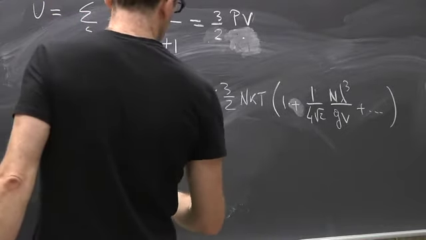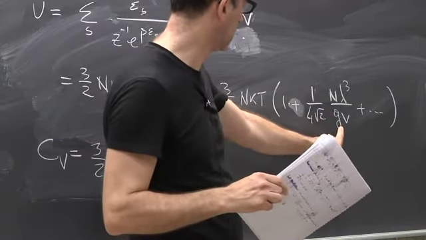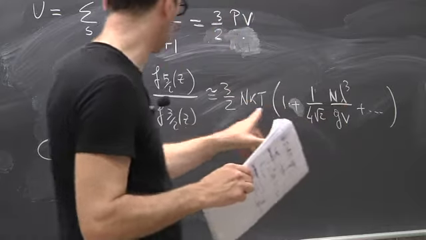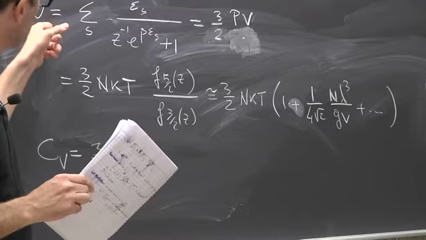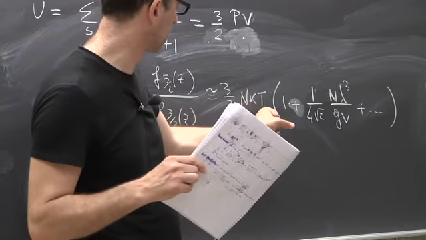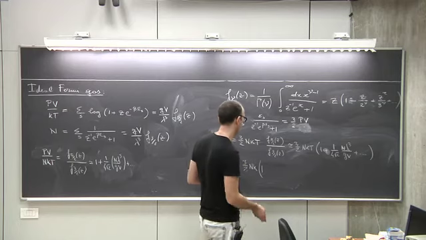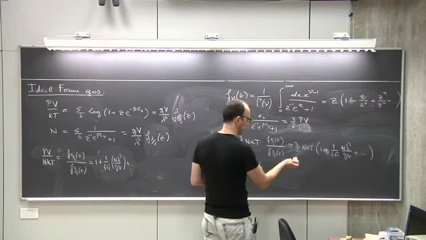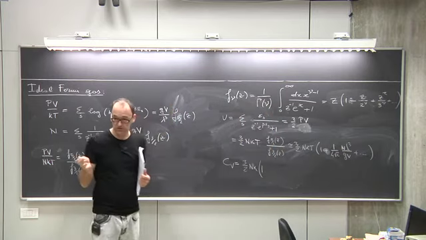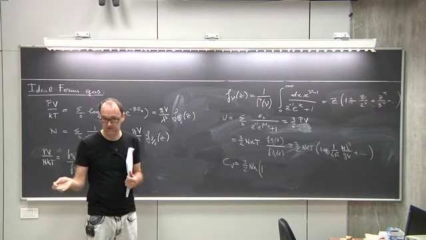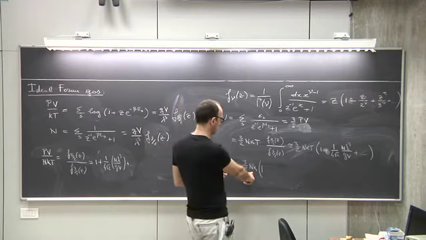The second term comes from the derivative of this with respect to the temperature. Once I have specified the energy as a function of number of particles, temperature, and volume, then I can just compute the specific heat as a derivative over temperature, right? Okay. Now, so the first term is this one.